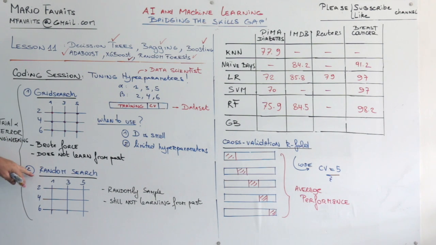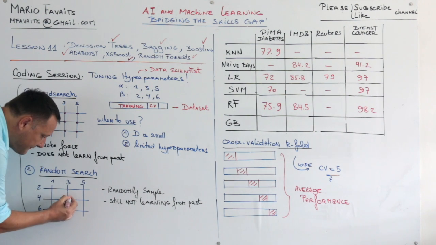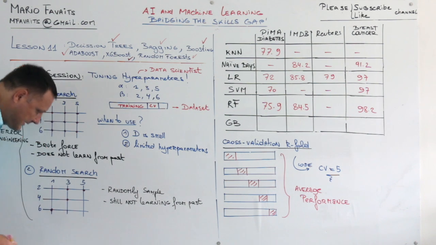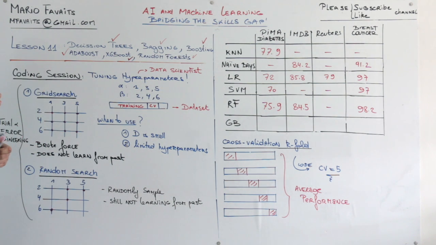Okay, let's now move to random search. Random search says that you will sample from the grid. You will sample a few points. That's a little bit more efficient, but you still don't learn from the past.